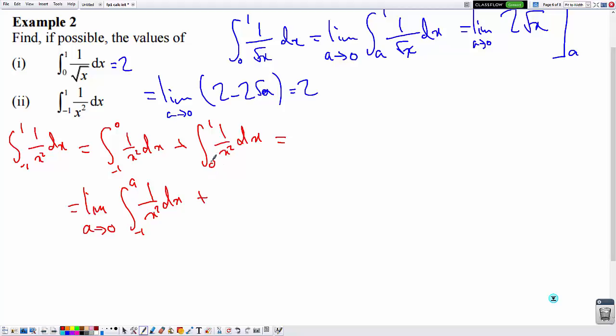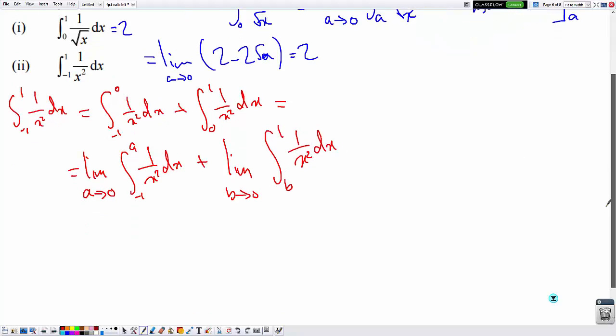As this a is going to 0, whatever limit variable I use here is not going to go at the same point. It's not going to be the same. So I'm not going to use a, I'm going to use a different letter. I'm going to use b. So, I apologize, the limit as b tends to 0 of the integral from b to 1 of 1 over x squared dx.